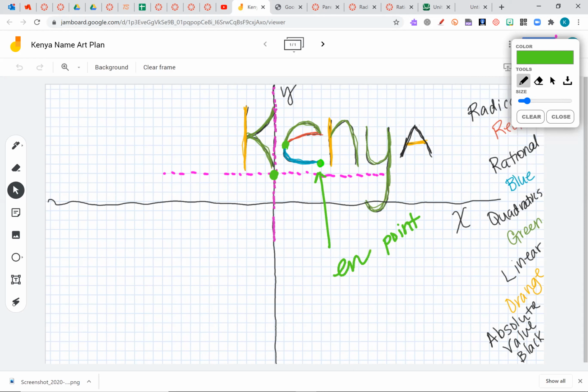So this is just going to be my endpoint, and the center is going to be here. That's the center. What's that location? That's going to be 0, 1, 2, 3. So that's going to be 0, 3 for my center, which means this is going to be H, and that's going to be K.